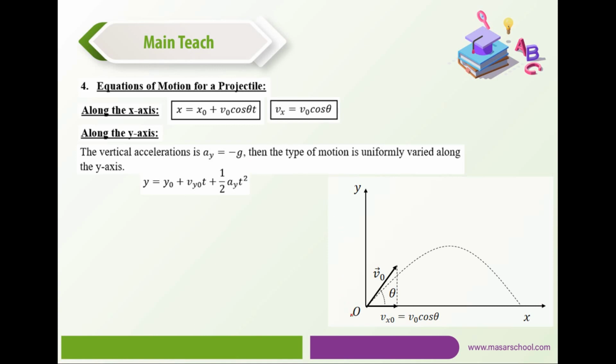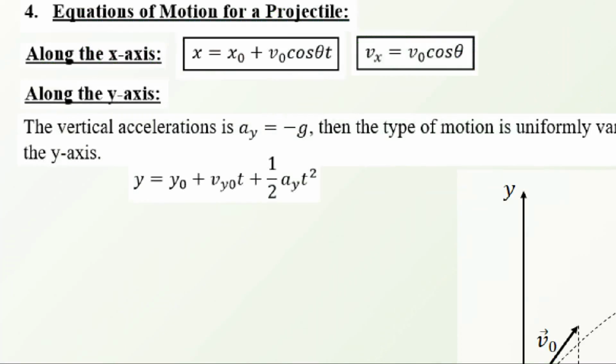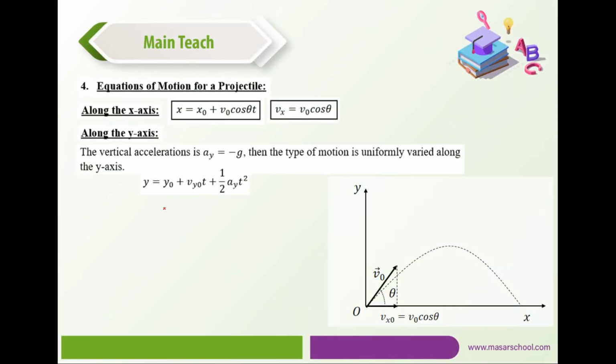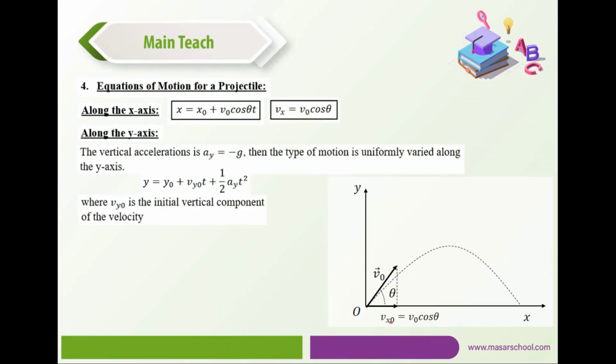Now here we know that y0 is set to be the origin, which is 0, so we can replace that by 0, but we're gonna keep it for a more general representation, where vy0 is the initial vertical component of the velocity. So we are interested in determining, so this should be 0. Let me correct it.